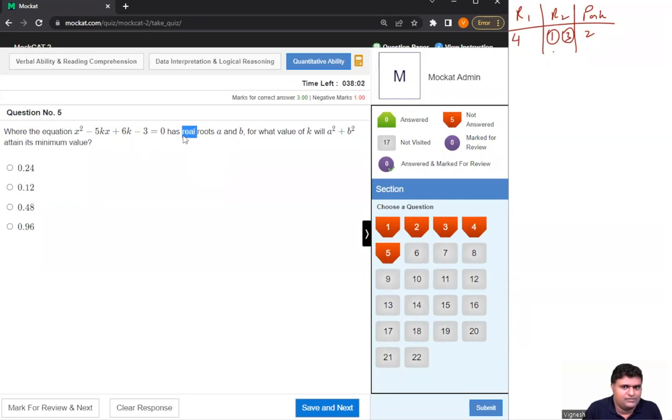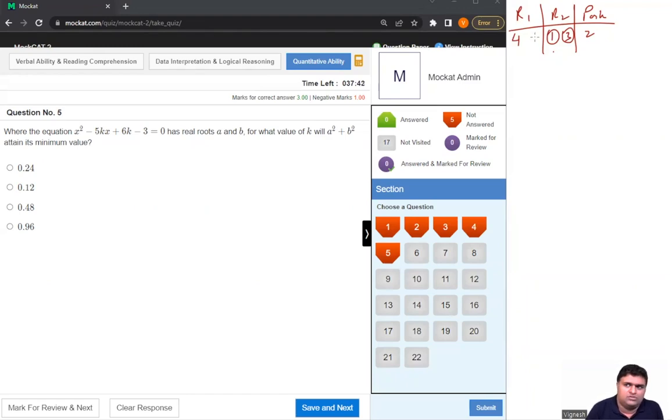Discriminant and stuff, right? Should be greater than 0. B square minus 4ac. And a square plus b square. What can I make use of a and b? A square plus b square, any identity? Can I write it as sum of roots, product of roots? Could try. Yes, sir.